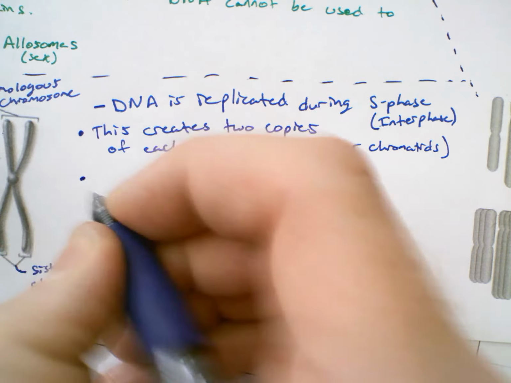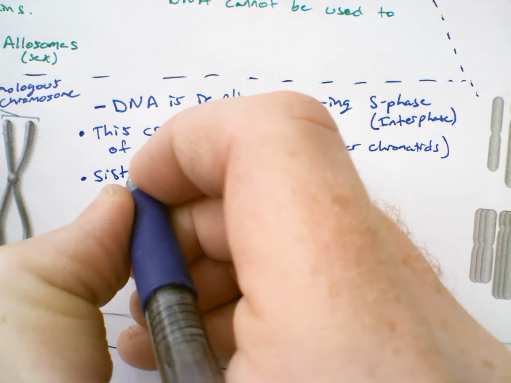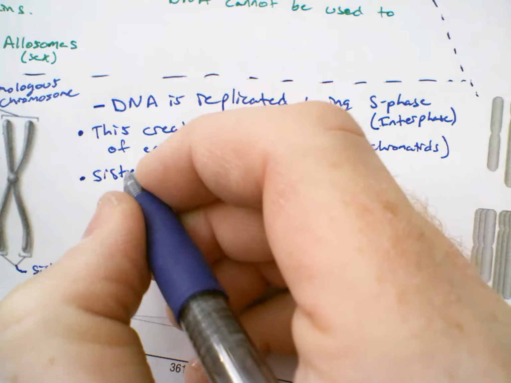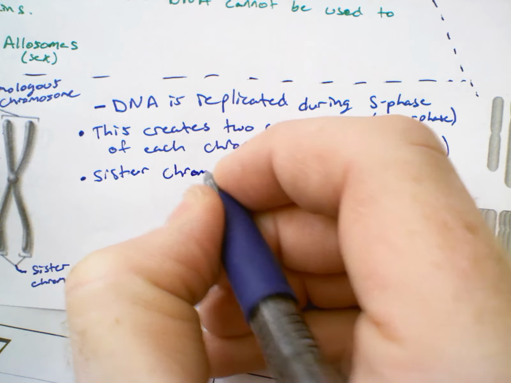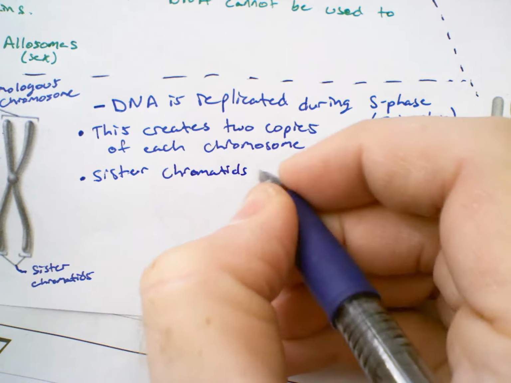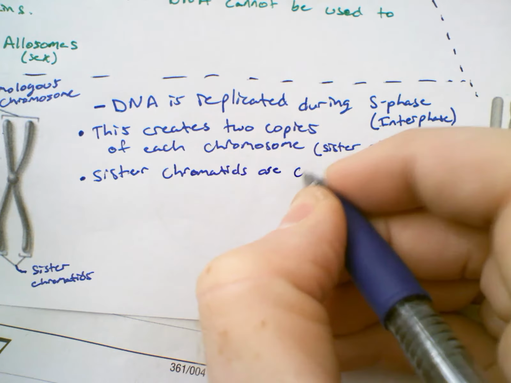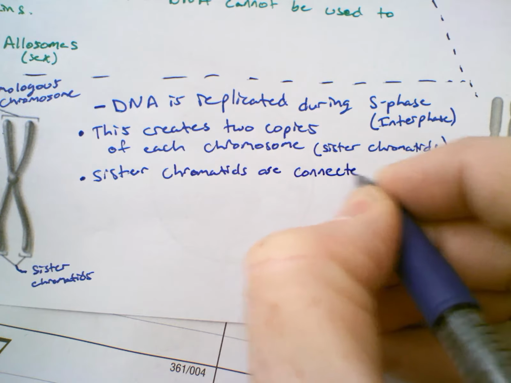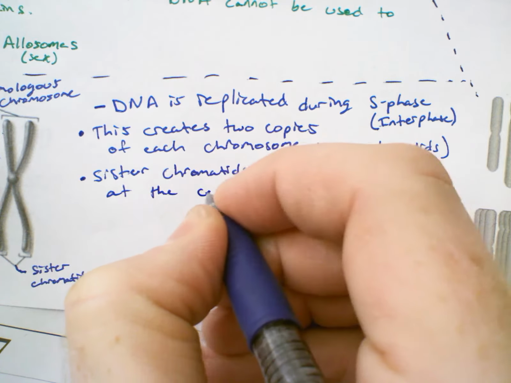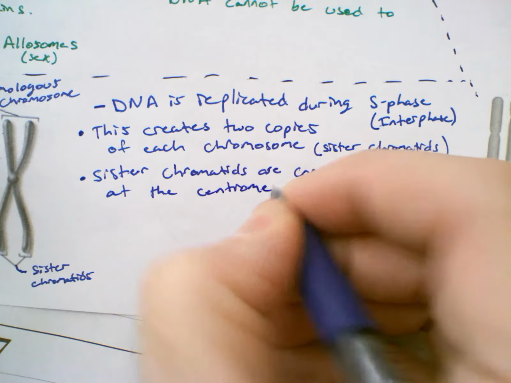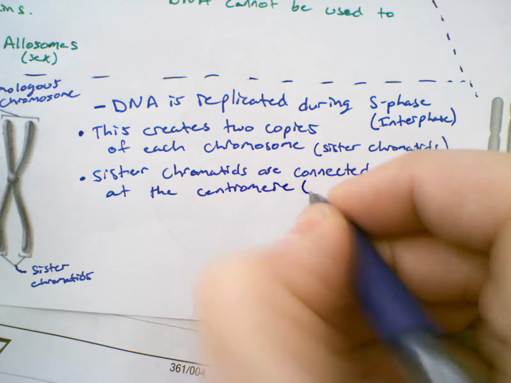Okay, something else you need to know? Sister chromatids are connected at the centromere. And the centromere is in the middle.